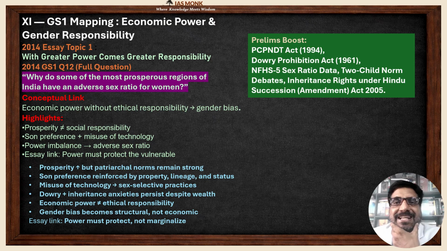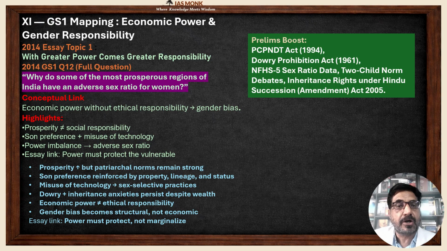Rising income strengthened son preference as families sought to preserve property, lineage, and social status through male heirs. Prosperity also enabled the misuse of prenatal diagnostic technology, turning economic power into a tool for gender discrimination.